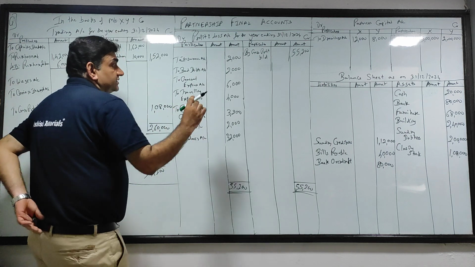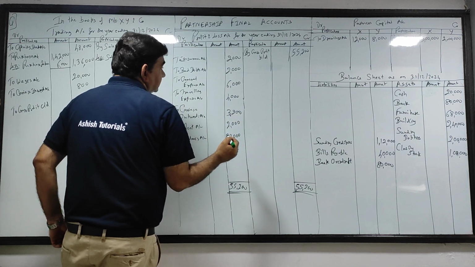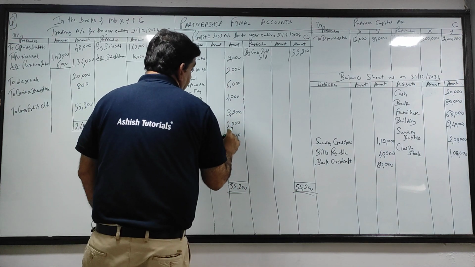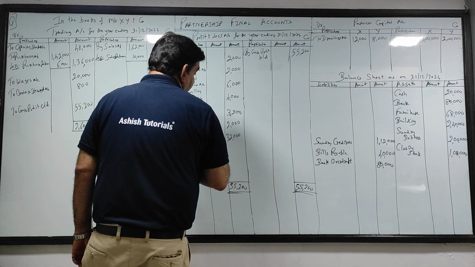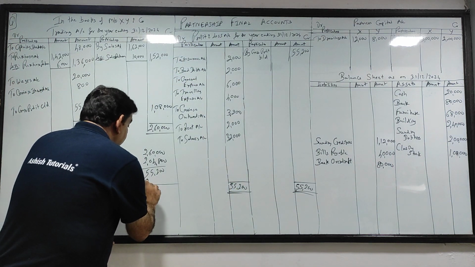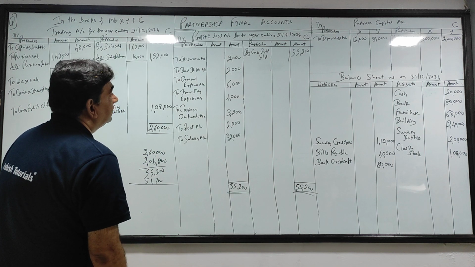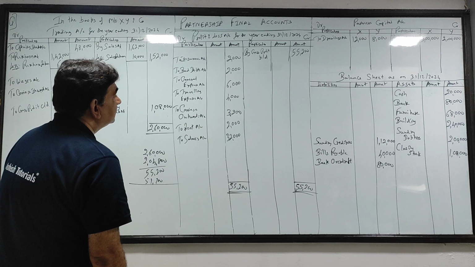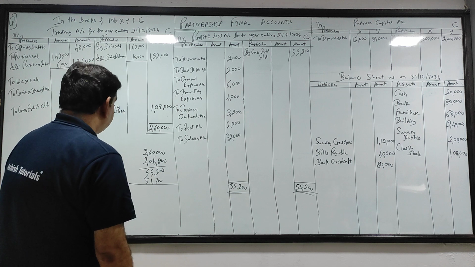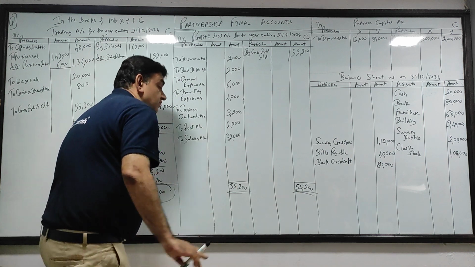Now let's take the exact debit side total. 4, 10, 14, 17, 19, 21, 51, 51,200. So 55,200 minus 51,200 gives you exactly 4000.